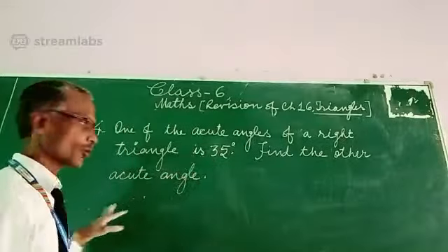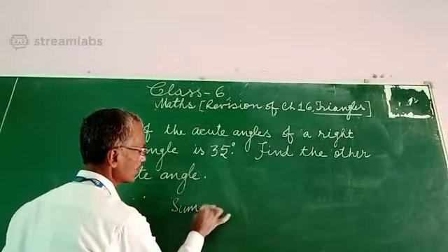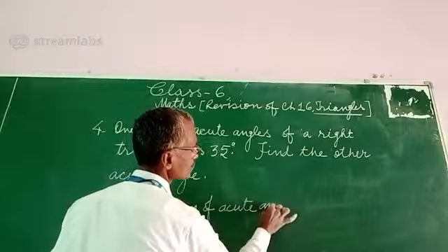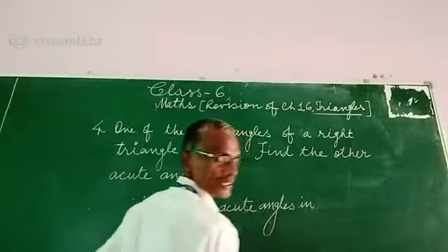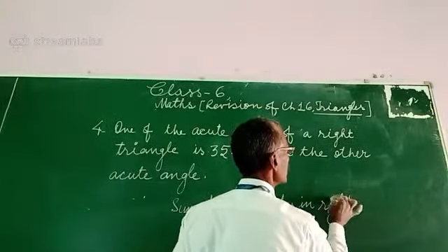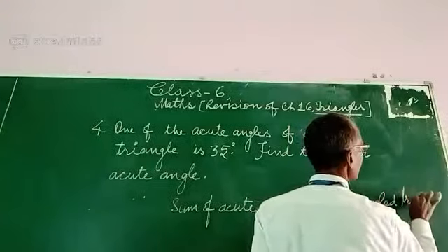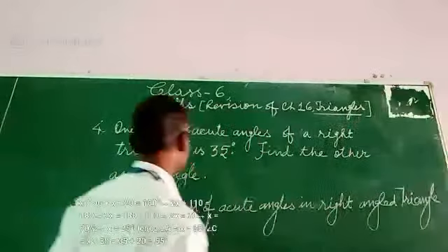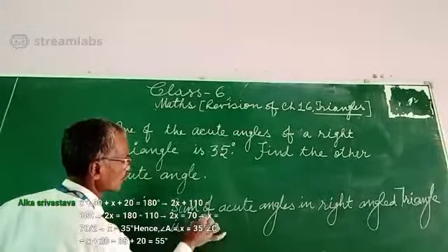You should write: the sum of acute angles in a right angle triangle is 90 degrees.